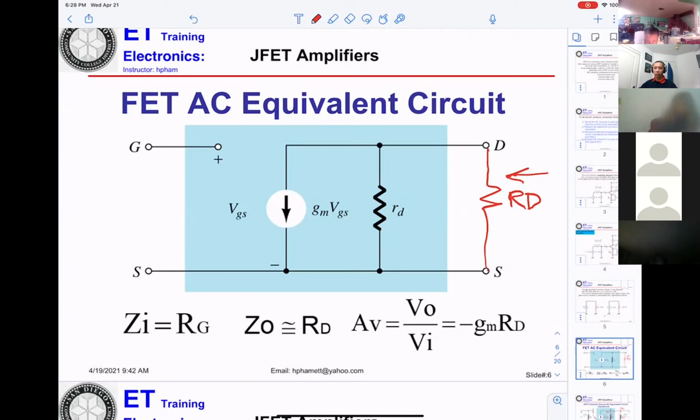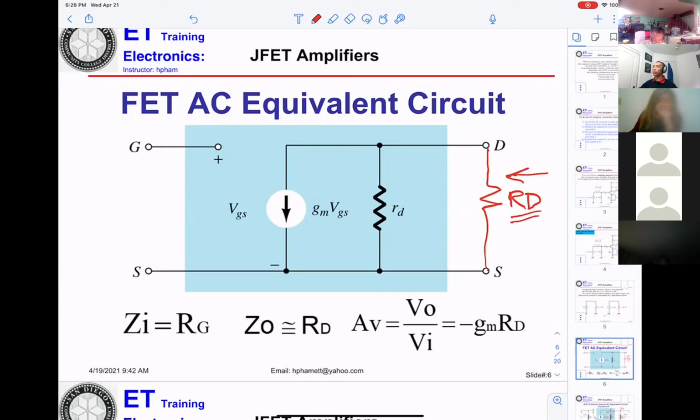So that's why they say output impedance is only equal to RD. We ignore small rd. And now the gain. The gain, let's see.